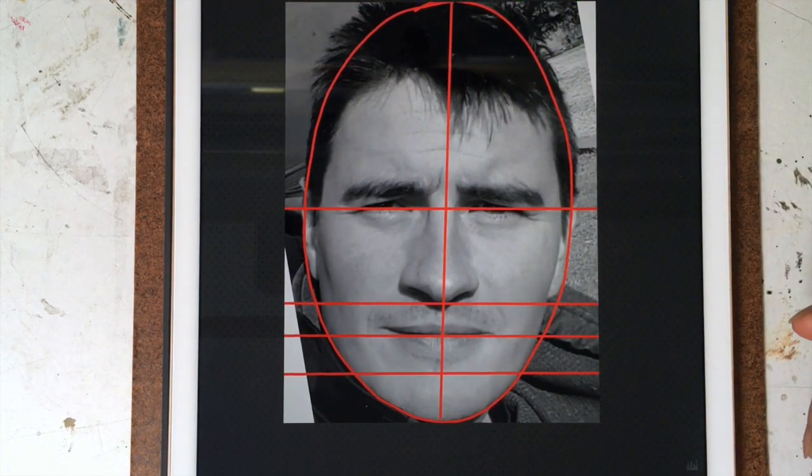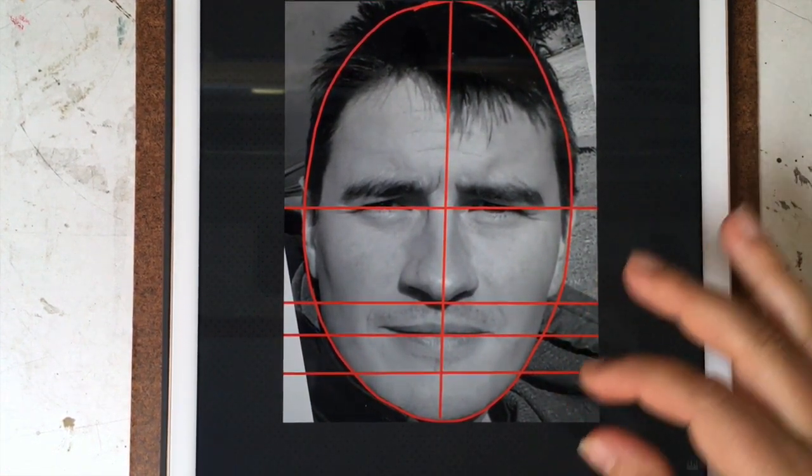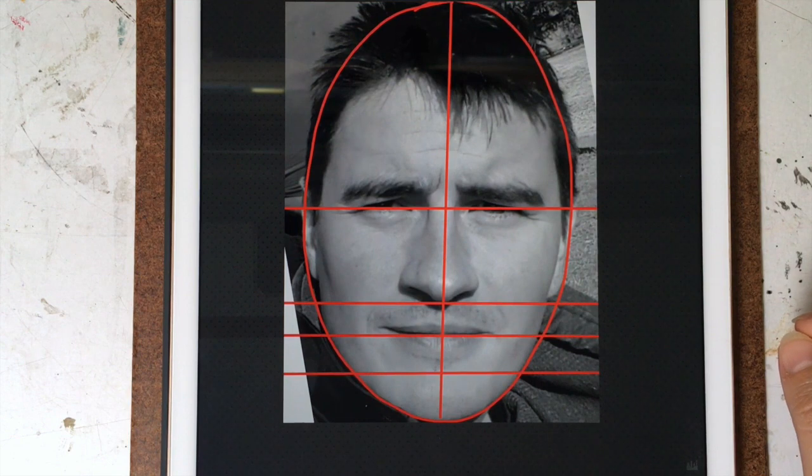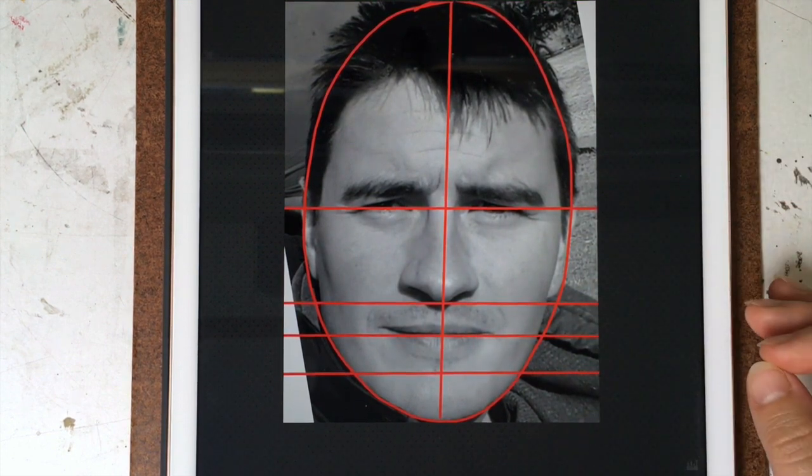It really depends on the person. These lines will shift around depending on their specific face. When you first learn the proportions of the face, you're told that they're exactly thirds, but that's actually not true. Everybody's different.